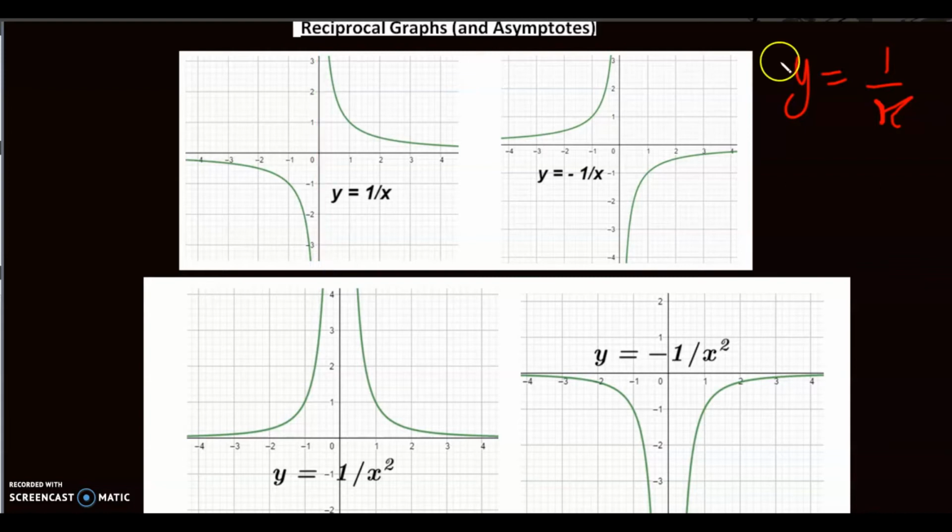Then you start plotting the remaining values. As you increase the values of x, the values of y will start to decrease, because 1 over, let's say, 0.00001 would be a very big number, and 1 over a million would be a very small value.